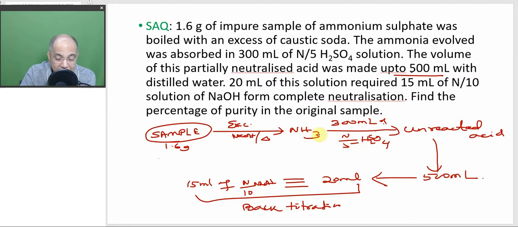By the equivalent concept, that is also the milliequivalents of ammonia formed, and also the milliequivalents of ammonium sulfate present in this impure sample, because all are metathesis reactions. Then you convert the milliequivalents or equivalents into mass and find the percentage of purity.